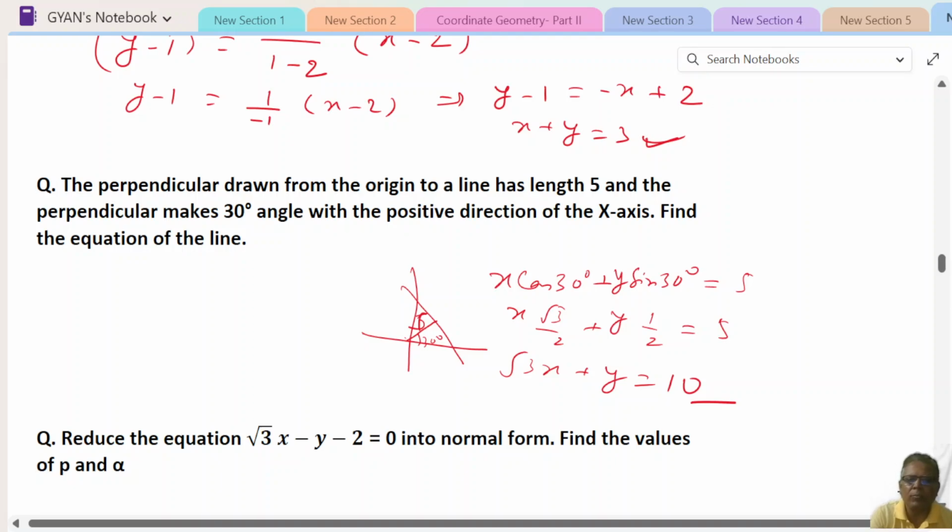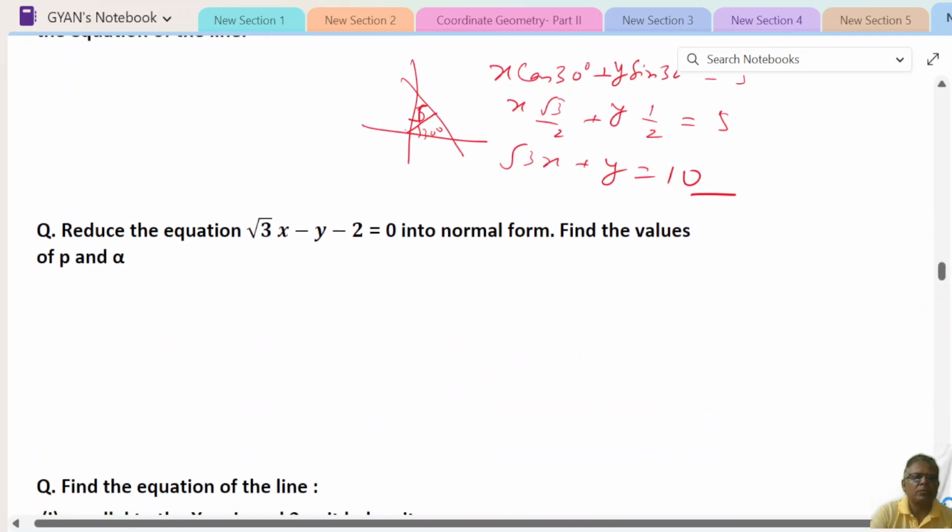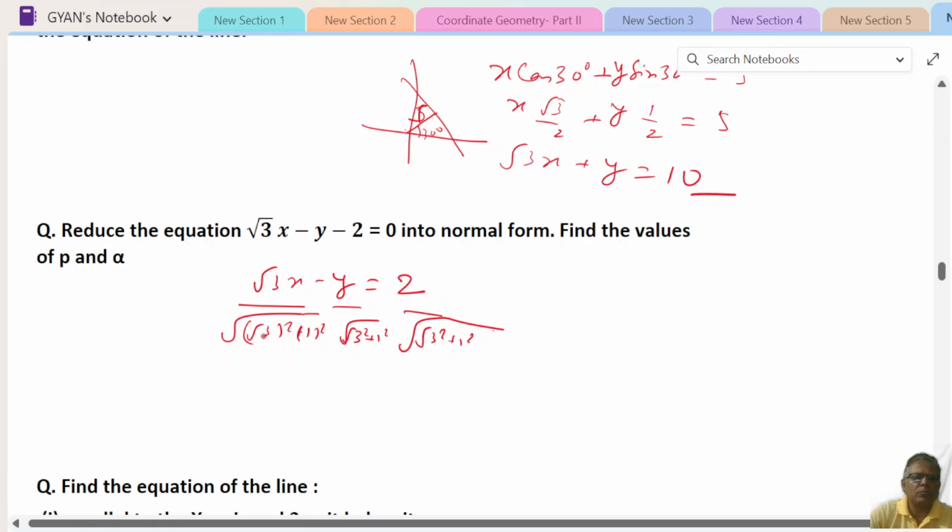Reduce this into normal form and find the value. How to reduce? Root 3 x minus y is equal to 2. Now divide by root of 3 squared plus 1 squared on both sides, which is root 4, that is 2.